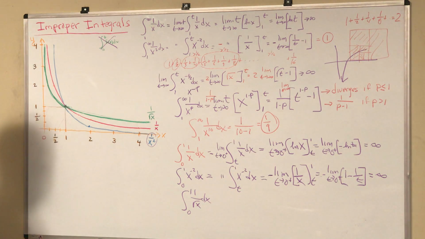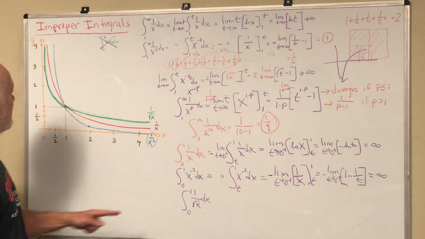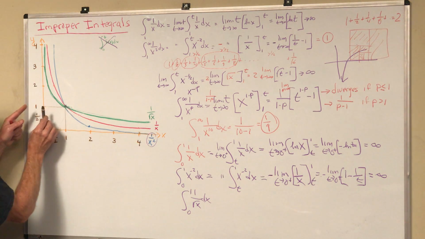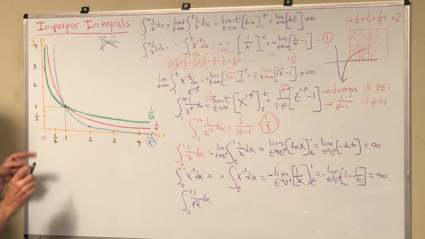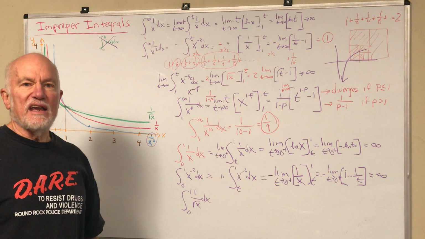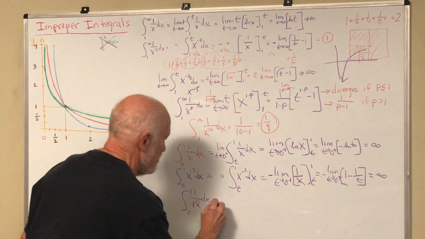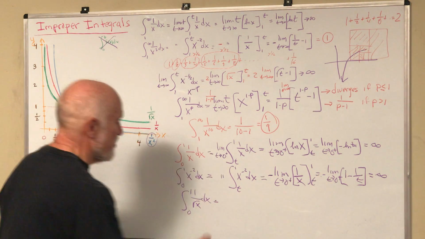Well, I think we should carry it out. What do you think the area is going to be under 1 over the square root of x, this green one? Guess in your head what you think that area is going to be, and then we'll work it out. So to do this, we have to make it proper.